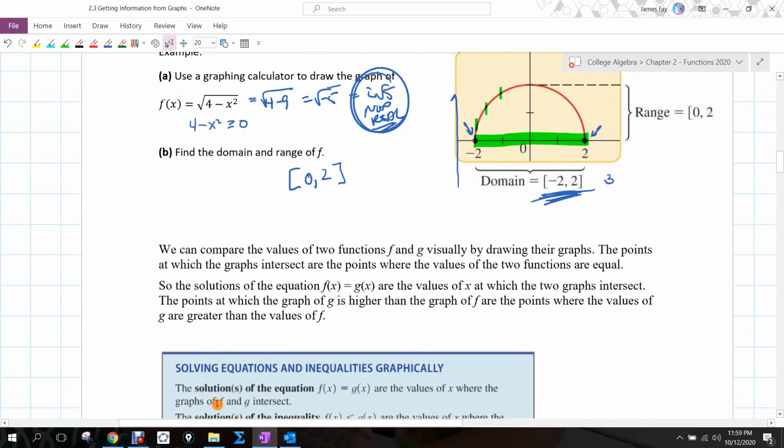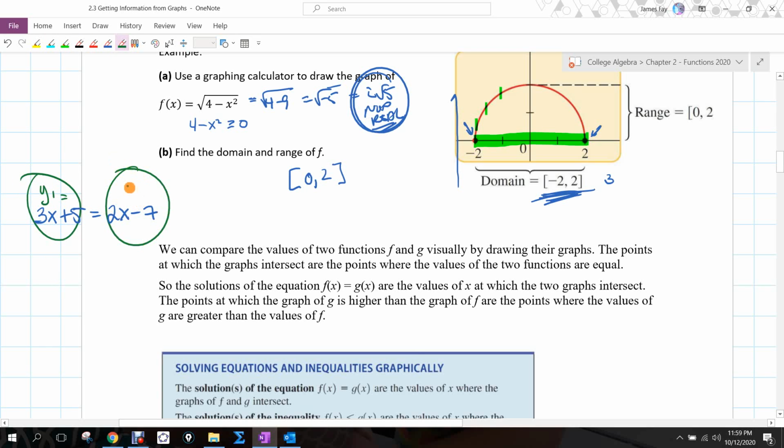So we can compare the values of two functions f and g visually by drawing their graphs. The points at which their graphs intersect are the points where the values of the two functions are equal. That's what we've been doing forever. If I ask you to solve this equation, 3x plus 5 equals 2x minus 7, what we are really doing when we solve this by hand is we're letting this be y, let's call it y1, and we graph that. y1 equals 3x plus 5.